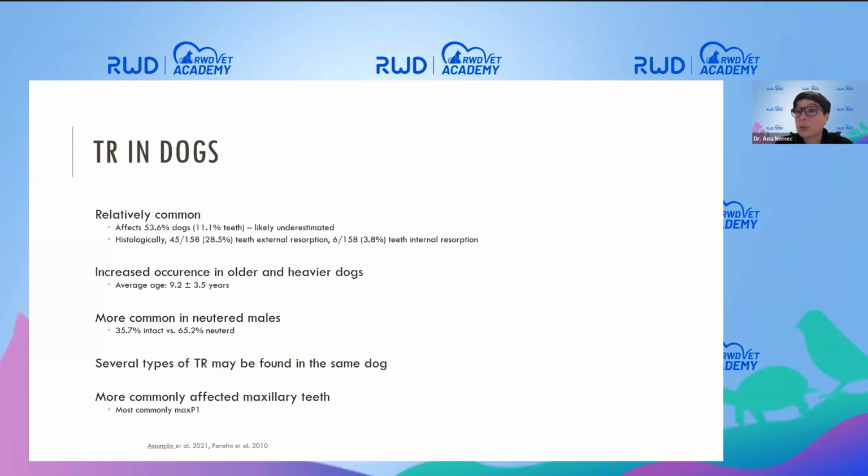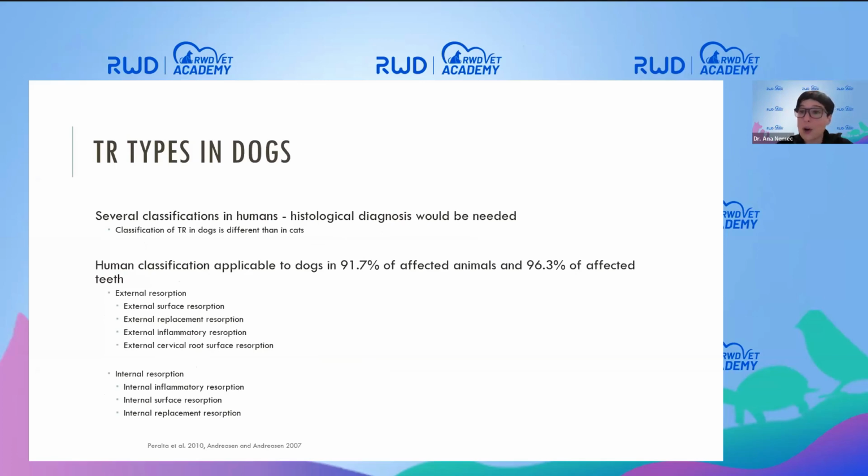When it comes to classifying tooth resorption in dogs, I hope that will not cause too much confusion, because tooth resorption in dogs is classified using the human classification. In cats we were talking about 5 different stages and, let's say, 3 different types.